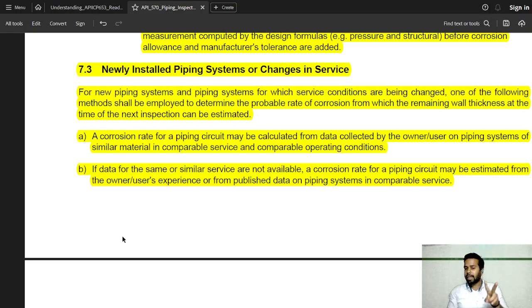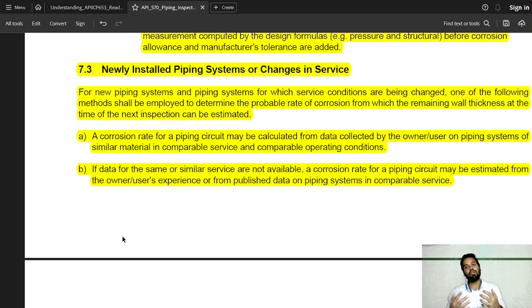So it can be an informed decision that if one pipe is subjected to some kind of damage mechanism, there is a high likelihood that the second pipe, under the same condition, with the same operating fluids and same material of construction, will also have the same problem.